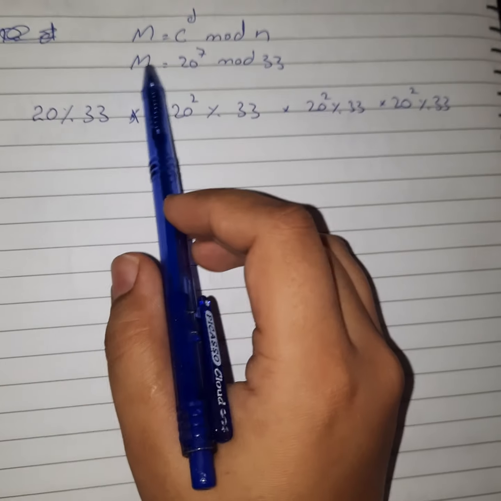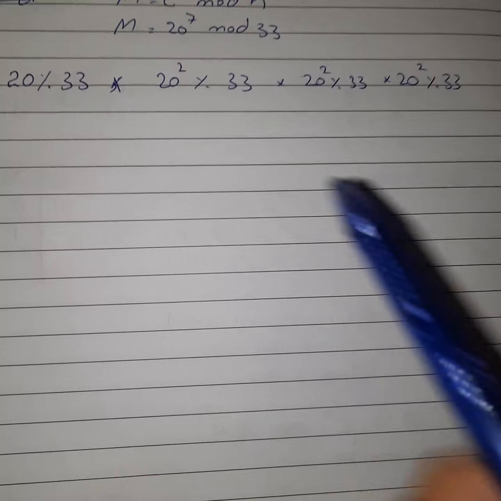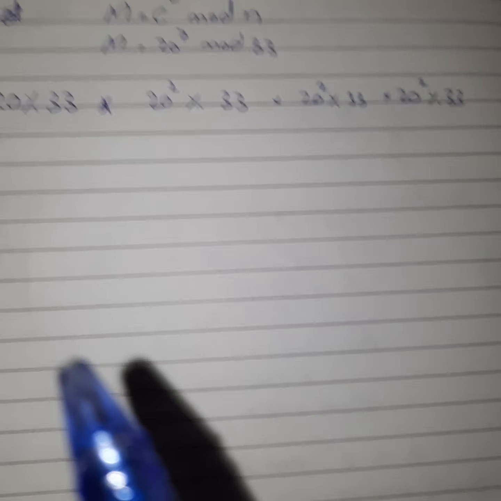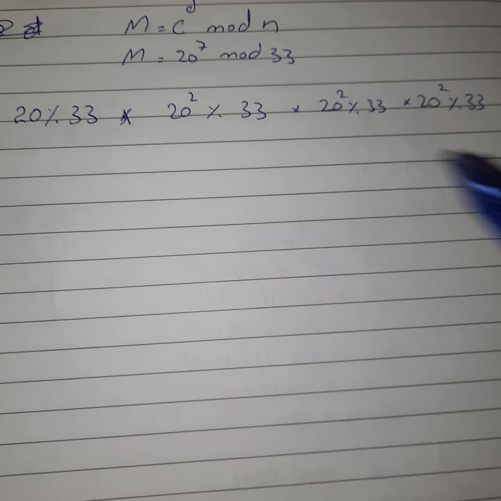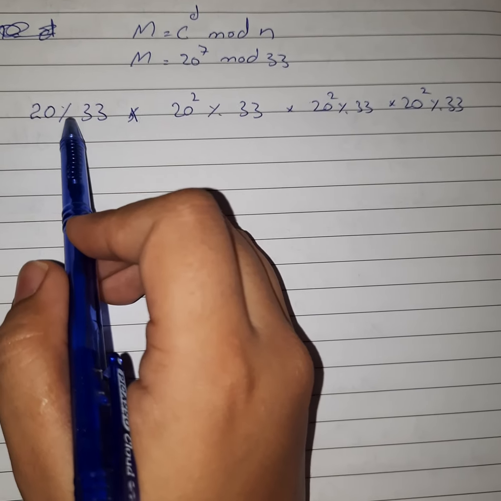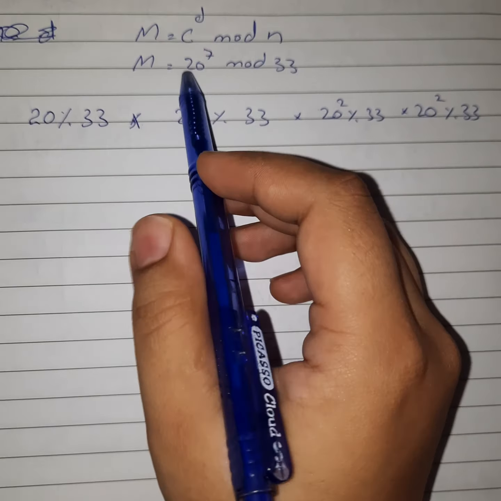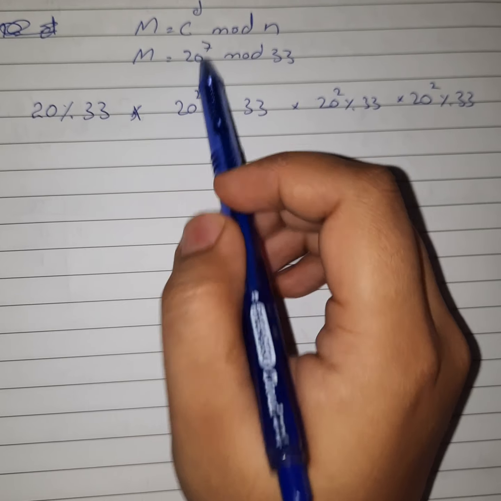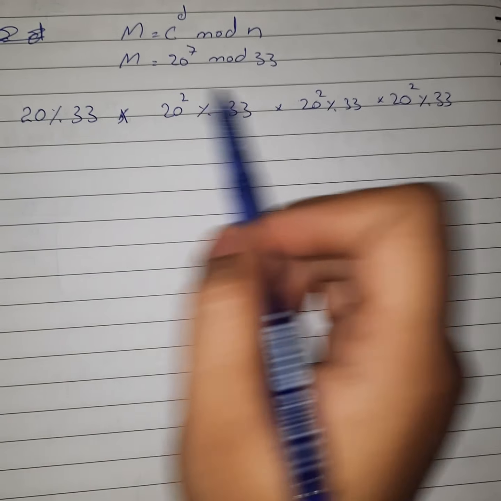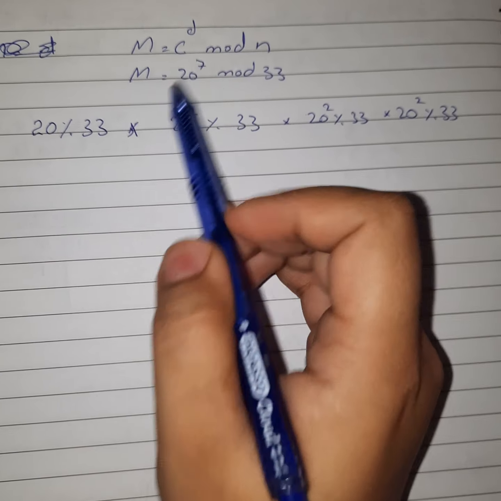To solve this, we will take the mod of 33 step by step. We have broken down the power of 7: the bases are the same, so the powers add, 2 plus 2 plus 2 plus 1, which makes 7.